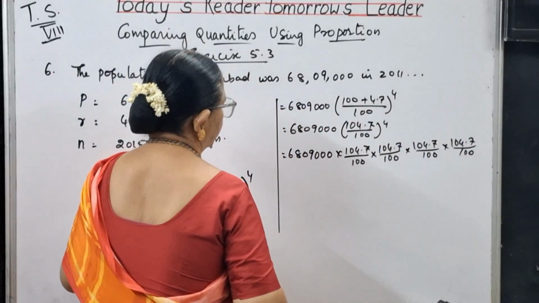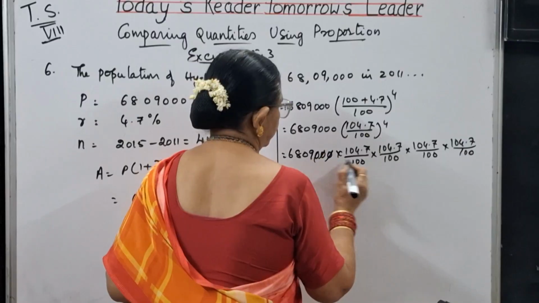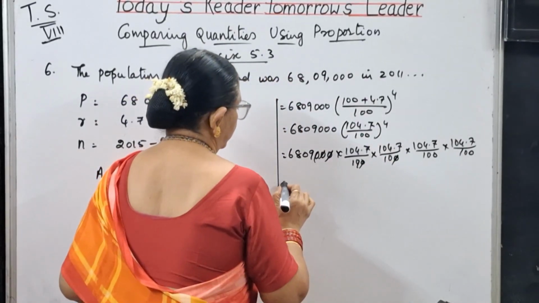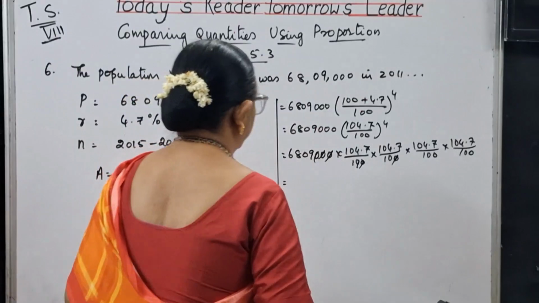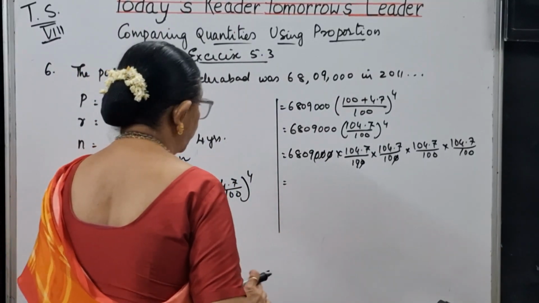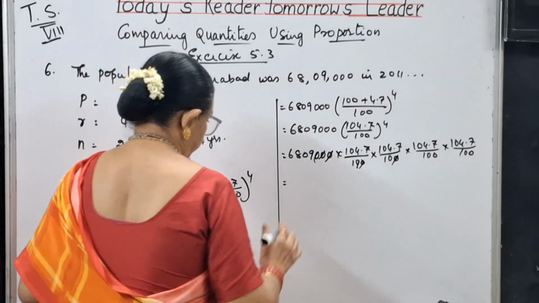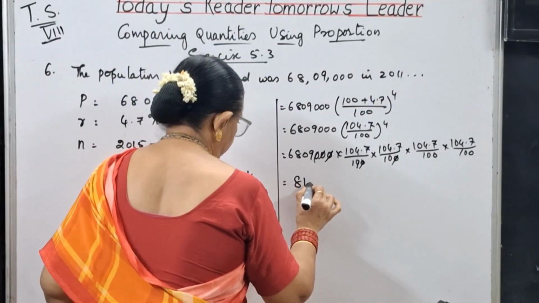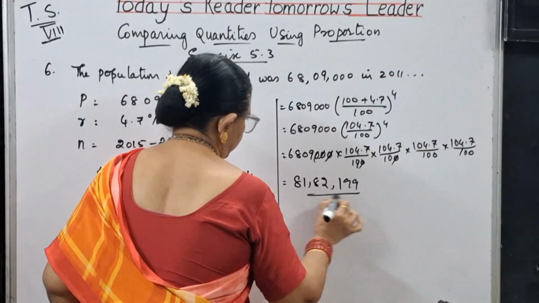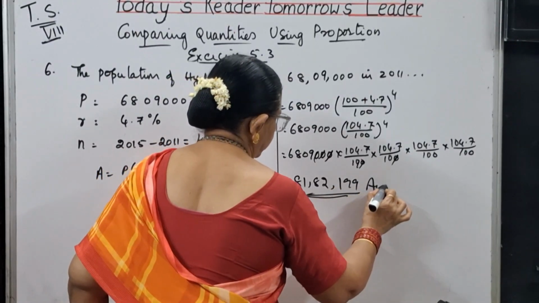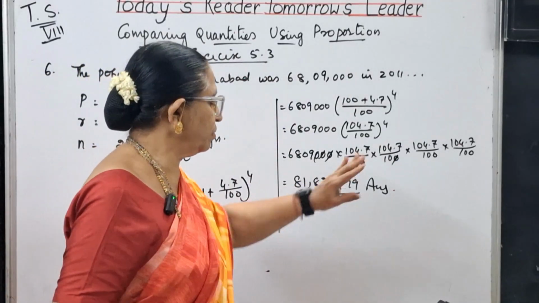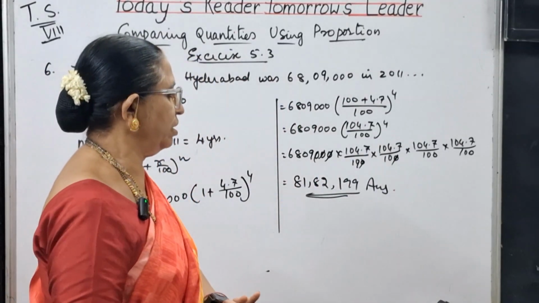So children, even if you cancel these three zeros, you have a very, very lengthy calculation. This calculation you can do coolly. Answer I am writing, 8182199. This value you will be getting, children. Please do the calculation. This board is not sufficient for me to do this calculation.